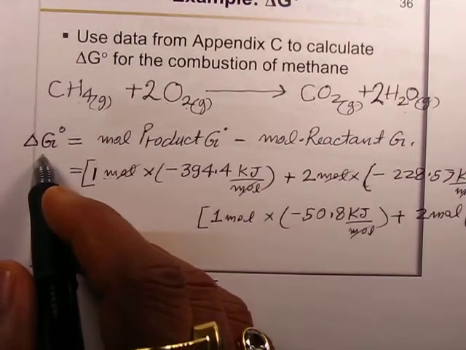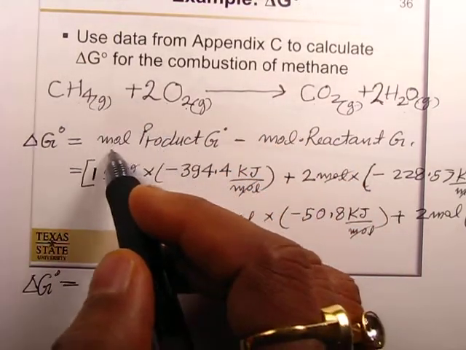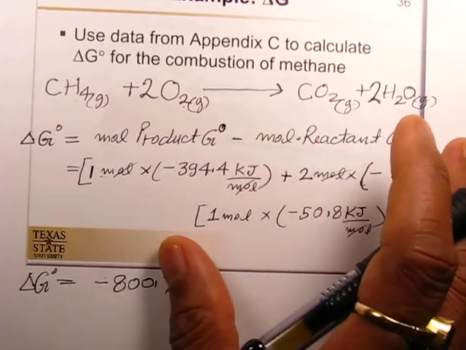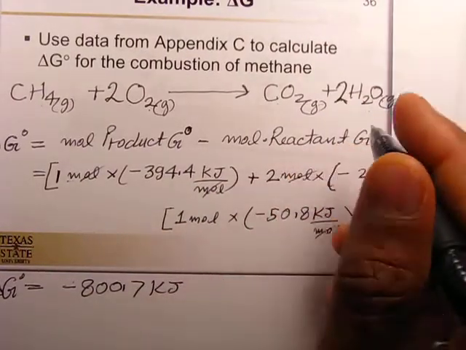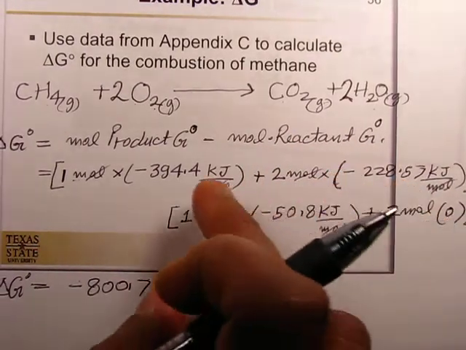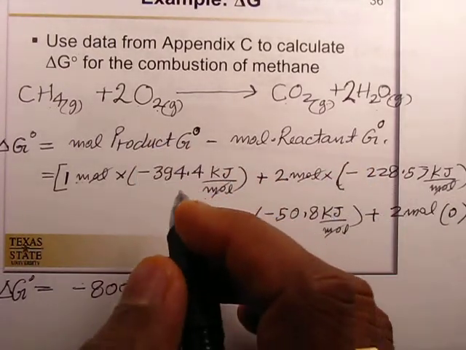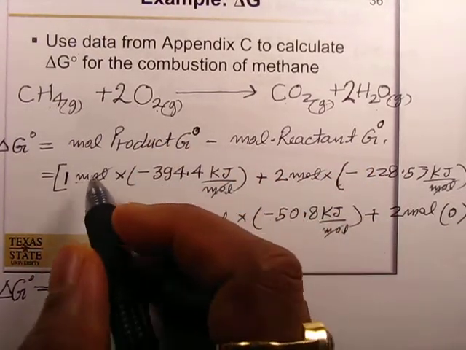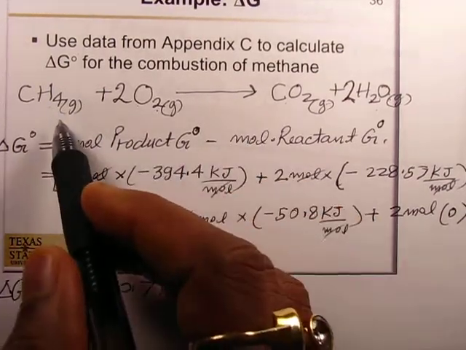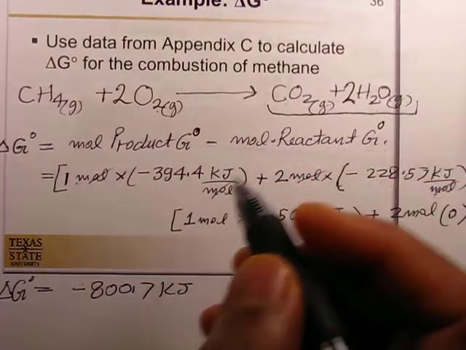And then how are we going to calculate delta G? From appendix C, we are going to use the product free energy in the standard condition, and the reactant free energy in the standard condition, from the table. The table is not shown here, but I already extracted the values from there. We know that 1 mole of methane gas is the reactant. So here we first write down carbon dioxide gas; these are the products.